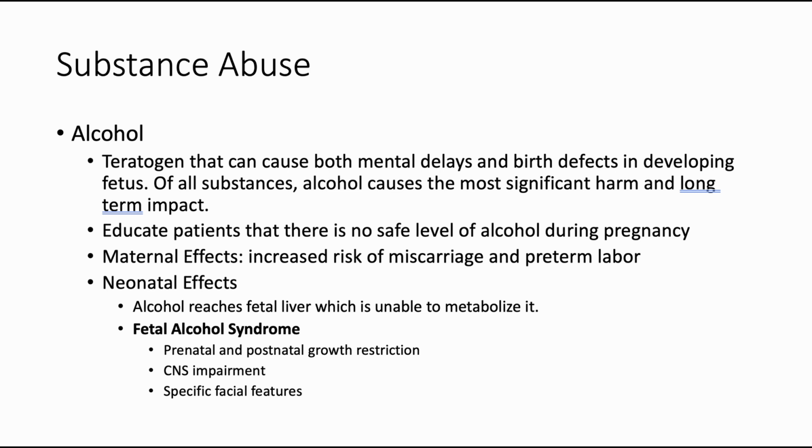So what we're going to look at with fetal alcohol syndrome, they're going to have prenatal and postnatal growth restriction, right? So as a fetus, they're not going to grow appropriately, and then probably after, in newborn and a little bit older, they're likely to have some kind of impact on their growth. CNS impairment, and then they're going to have definitive facial features that we associate with fetal alcohol syndrome.